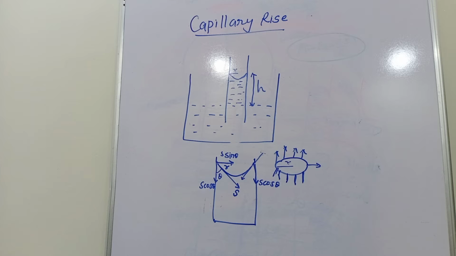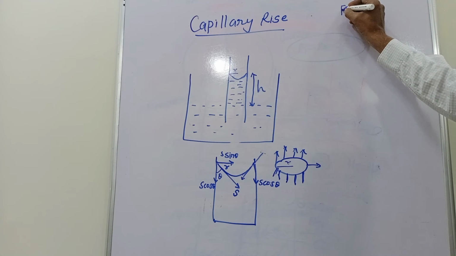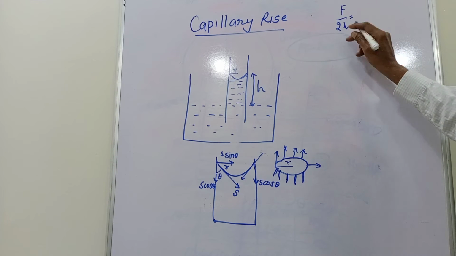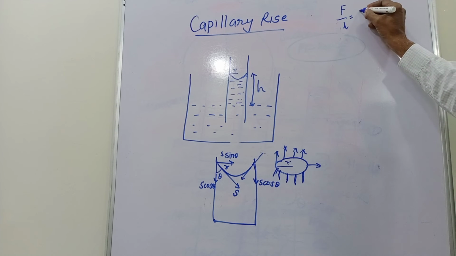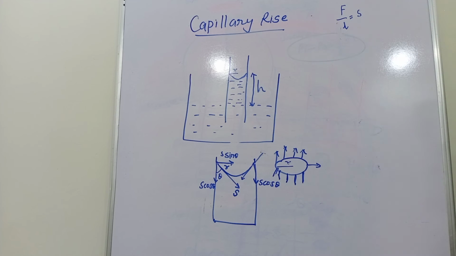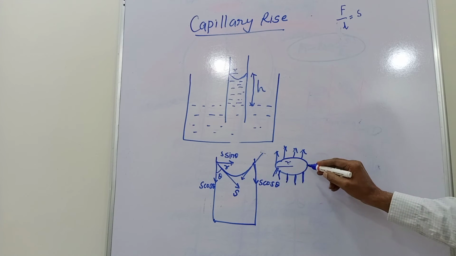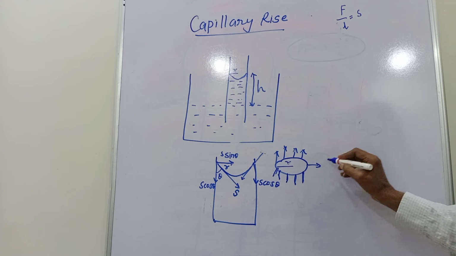According to the definition of surface tension, the surface tension is force per unit length, F by L. अब आप यहाँ देखिए, F by L is equal to S. तो here length is what? The surface tension force is S cos theta.